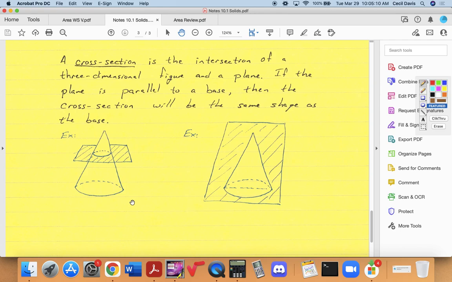So it's going to be two what things put together? Circle. Two circles. So the cross section is just a circle. So the cross section would be just this piece right in here.